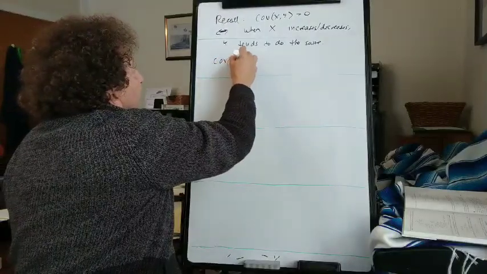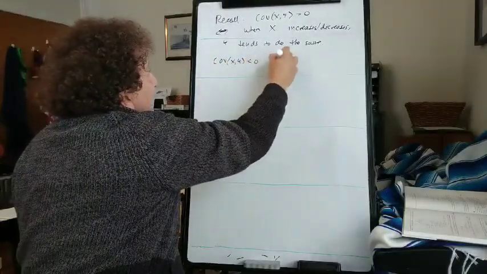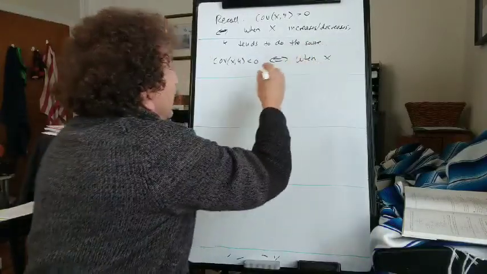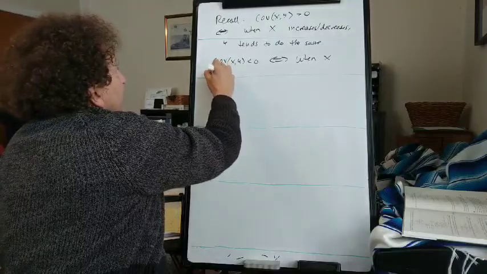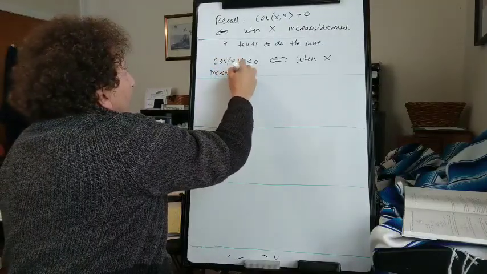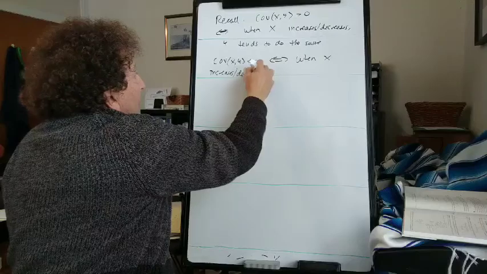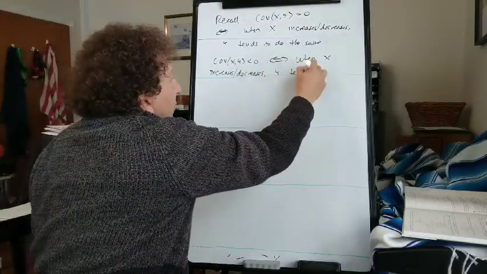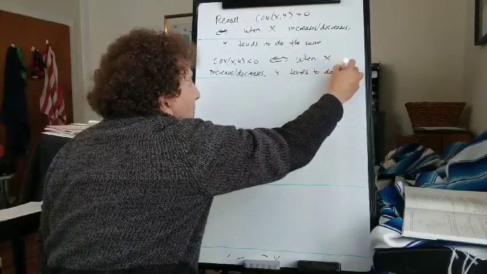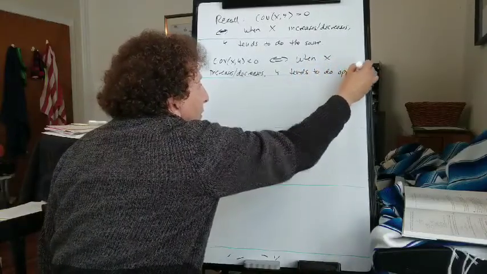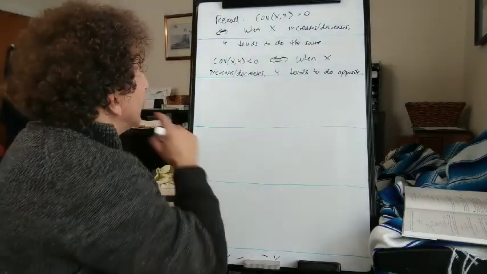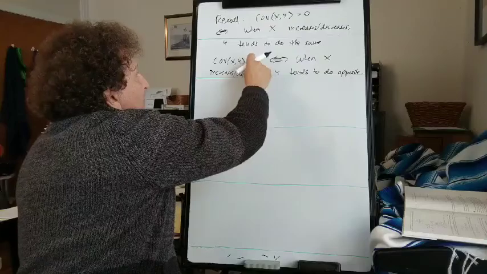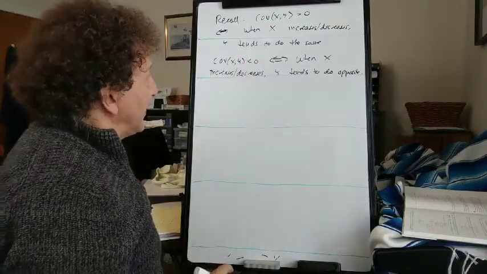And the covariance of x and y being less than 0 means that when x increases or decreases, y tends to do the opposite. So having covariance be positive means something, having covariance be negative means something.